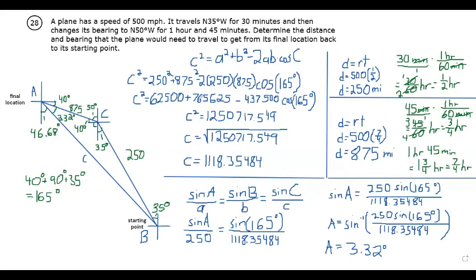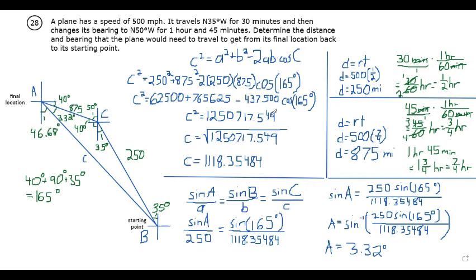Then if we want to, we can put all of this into the calculator, if we have a scientific or graphing calculator, but if we want to just compute these using the order of operations, we can do that as well. But suppose we put everything into the calculator, we'll end up with this particular value, 1,250,717.549.